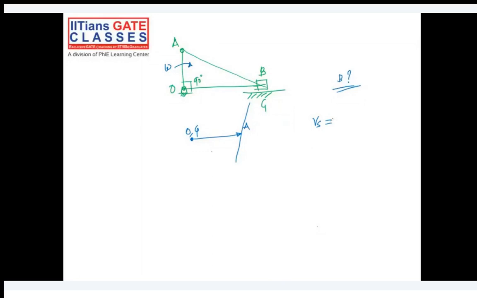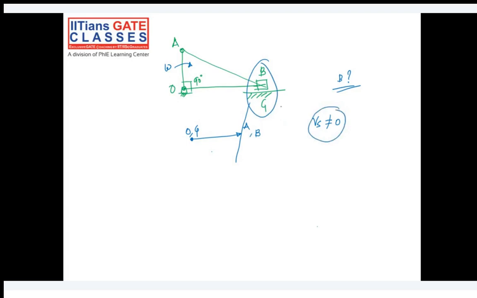Not zero, sir. Correct. So that's why point B will be at this point itself, because there is a velocity of B with respect to G. It means the velocity of the slider is non-zero.